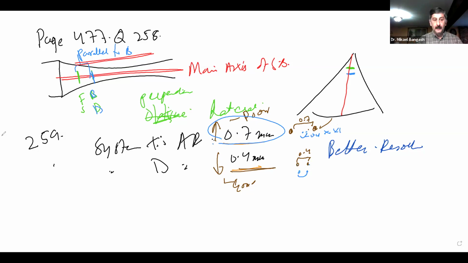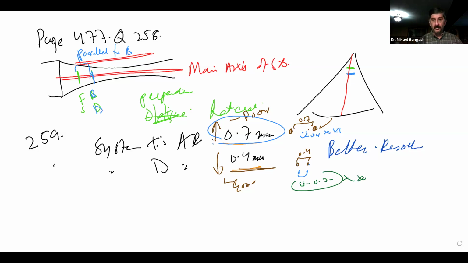If the distance here was, for instance, less than that, let's say 0.3 millimeters, then this system will still give us a poor resolution.